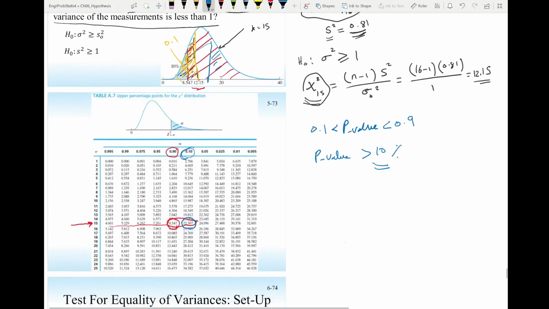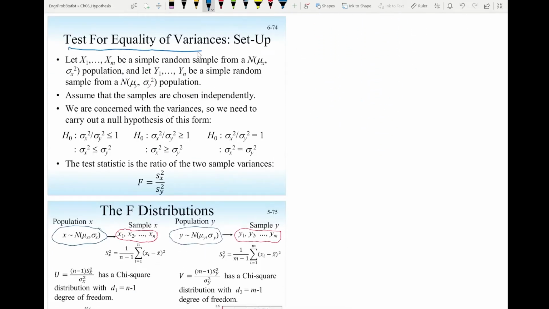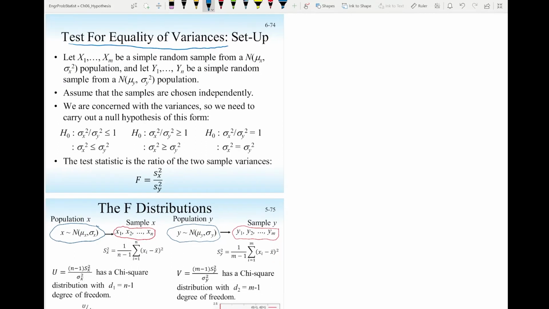All right, the next topic will be the test for equality of variance setup. In this case, let's say we have two populations now, population X and population Y. You can think of these maybe as speech strategies for a cochlear implant, and the mean of speech perception is 70%, and probably in this one the same.